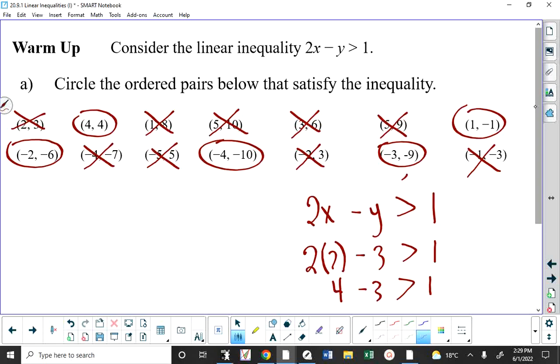Put your hand up and down if you've got them all. And just for my own confidence, those of you that are finished, you're in agreement. Good. Basically, since we're doubling x and subtracting y, I want to look at the difference between those two things. When I double 4, I get 8. 8 minus 4 is bigger than 1. I guess I'm using the formula, but I'm just not writing it down. So we're in agreement on those.